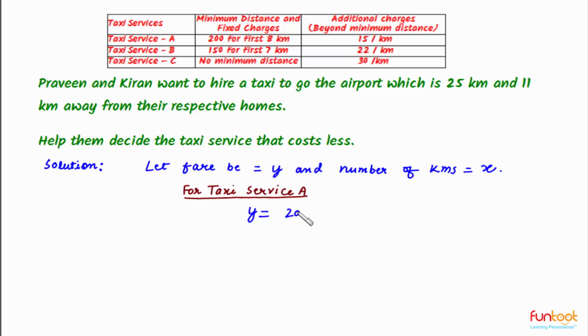So that means 200 is flat rate for first 8 kilometers. And then after first 8 kilometers, number of kilometers left will be x minus 8. And the rate is 15 per kilometer. So this is the equation for taxi service A.